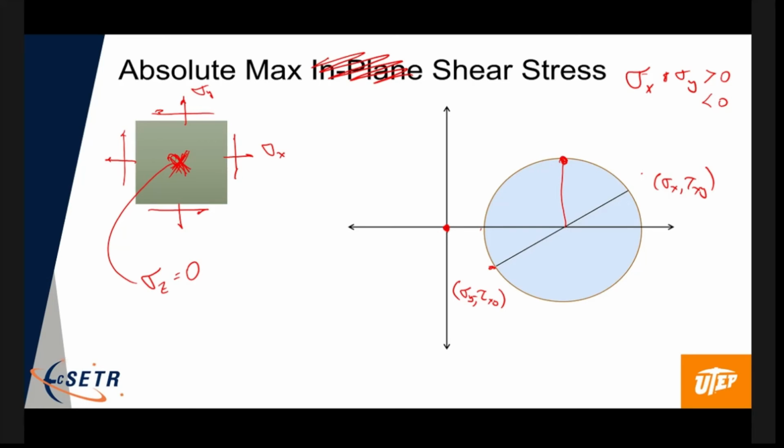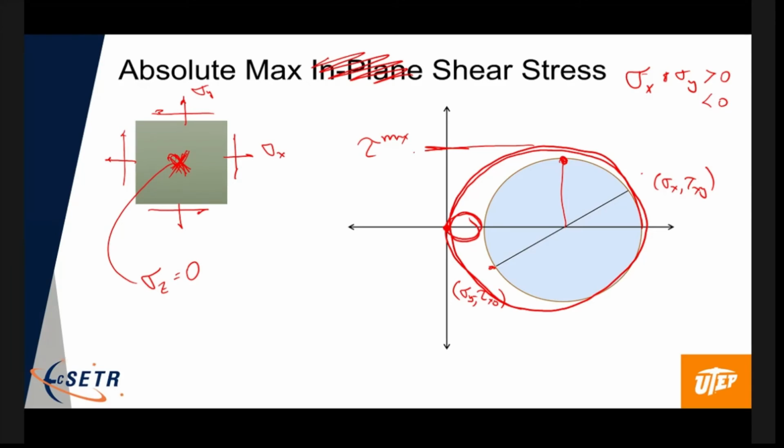So you actually have this little Mohr's circle as well as this bigger Mohr's circle, which I know I drew really poorly. And you can see in this particular situation, this value of tau max is going to be greater than this value. That only happens when the normal stresses are both positive or they're both negative, right?